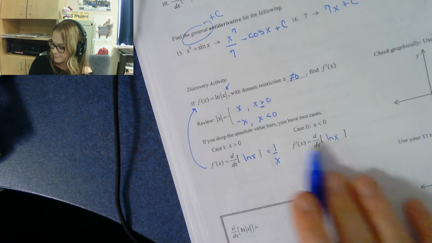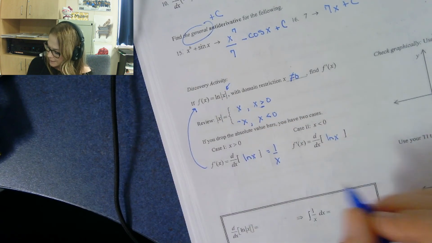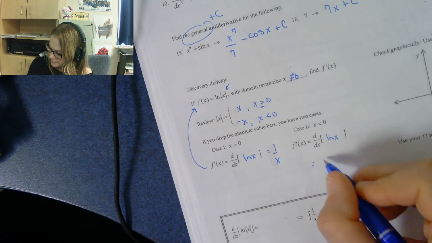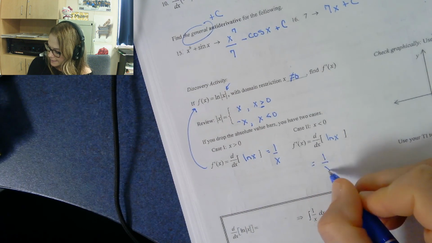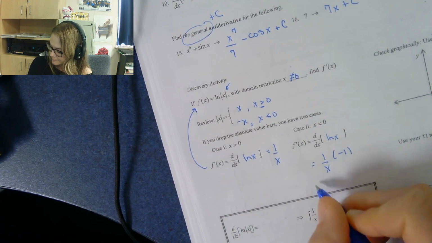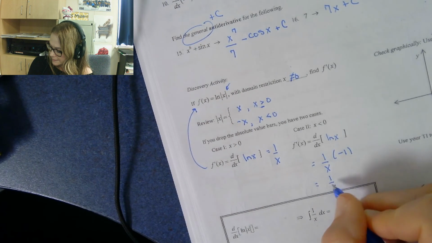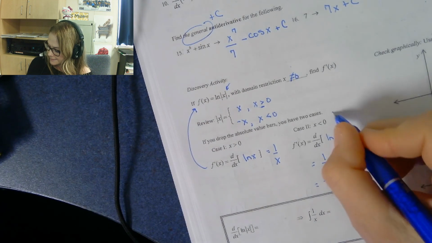So we can have this because it's stemming from this. So this would come out to be 1 over x times the chain of negative 1. So that's 1 over x, because x is negative.